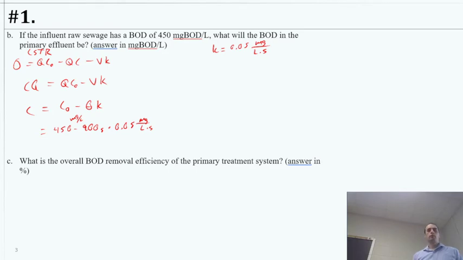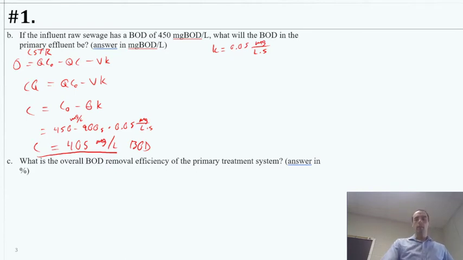Writing out the units here helps reassure us that, first of all, we don't need to convert that liters to cubic meters because we want an answer in milligrams per liter. And we recognize that we have everything in seconds properly. So that gives us a C value of 405 milligrams per liter of this BOD stuff. Okay, does that make sense?